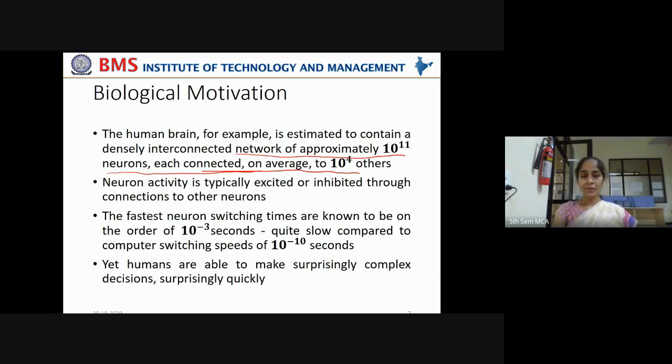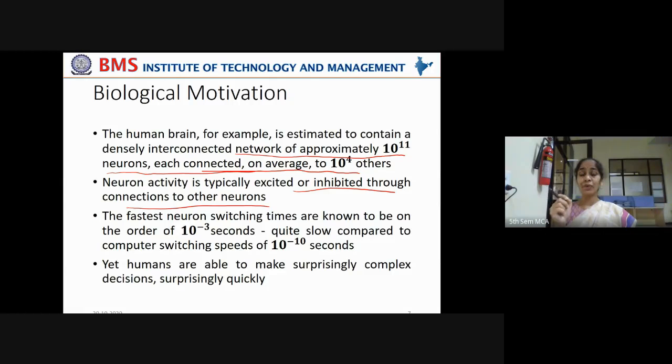Now, neuron activity is typically excited or inhibited through connections to other neurons, right? So one neuron is excited, it triggers some action to the next neuron, and it triggers some action to the next neuron, and so on. And these 100 or 200 or 300 steps of triggering don't take 1 or 2 hours.